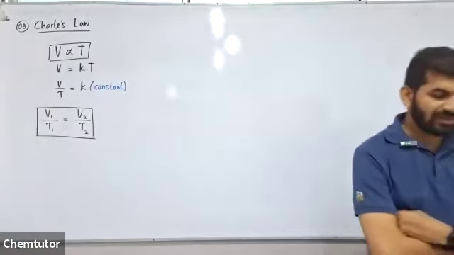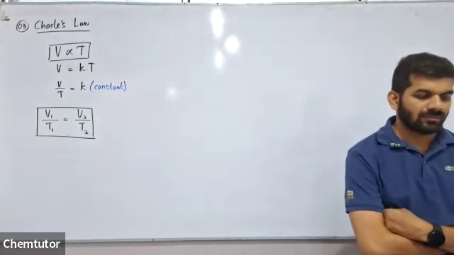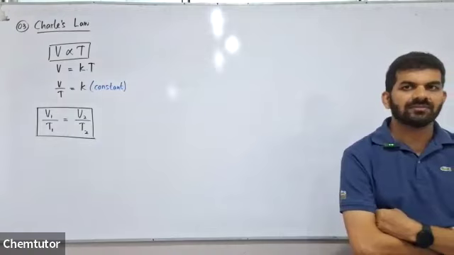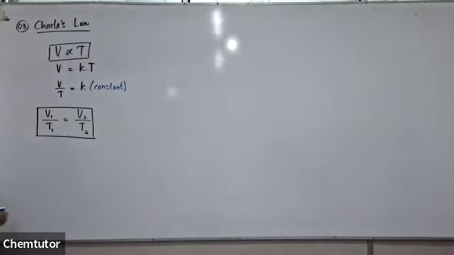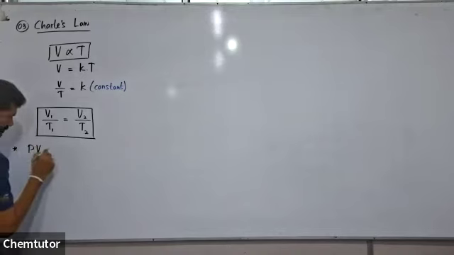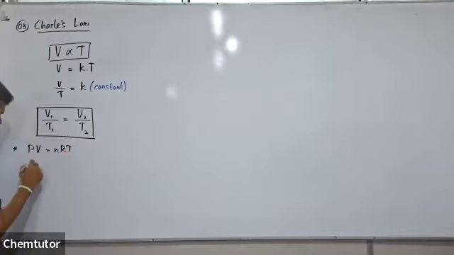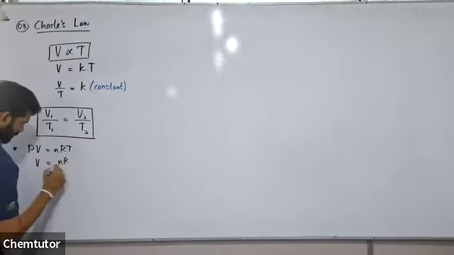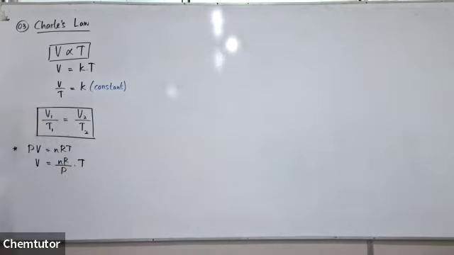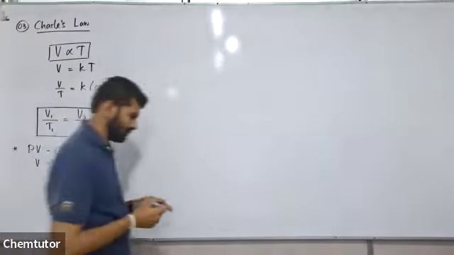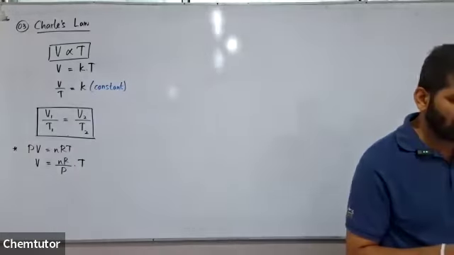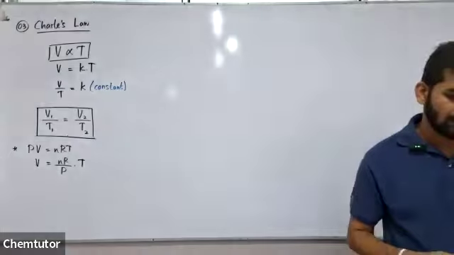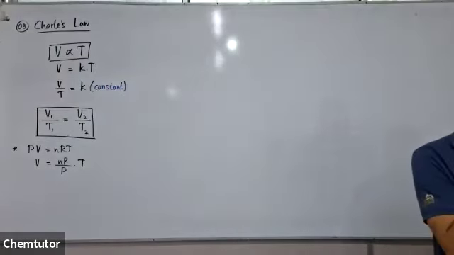The ideal gas equation can be rearranged as follows, like this: V equals nR over P into T. Right.